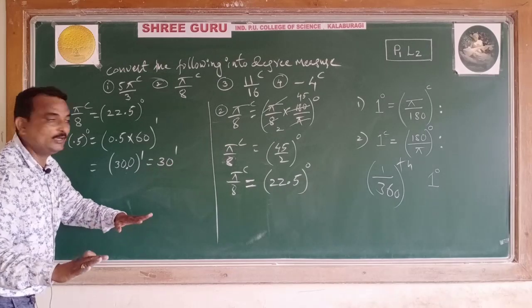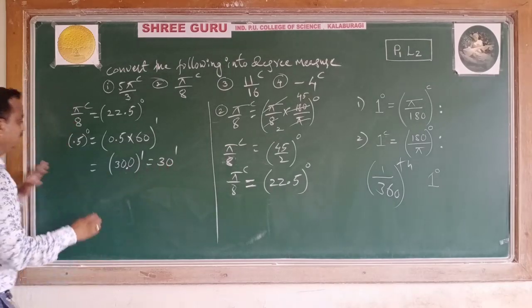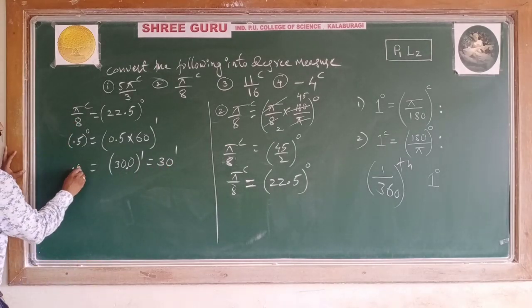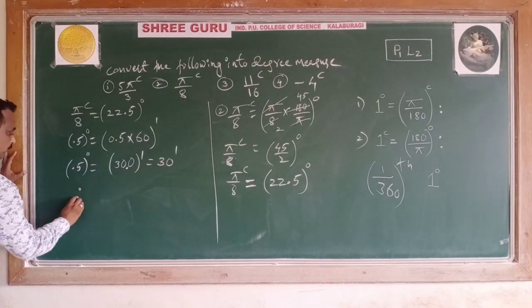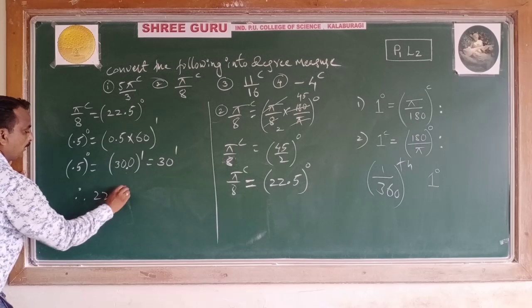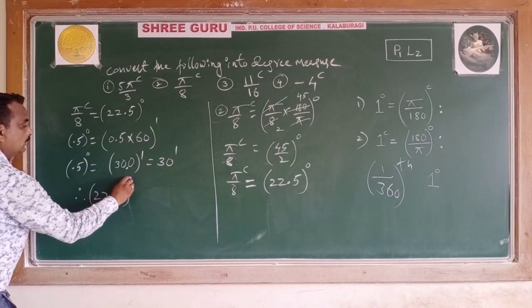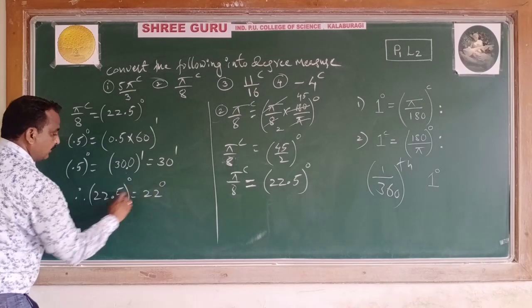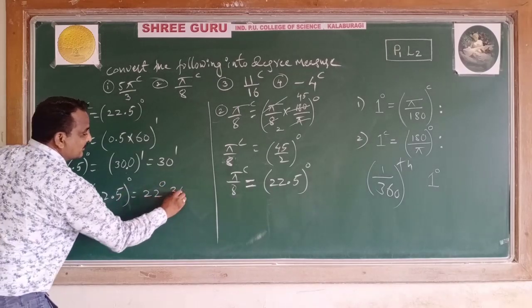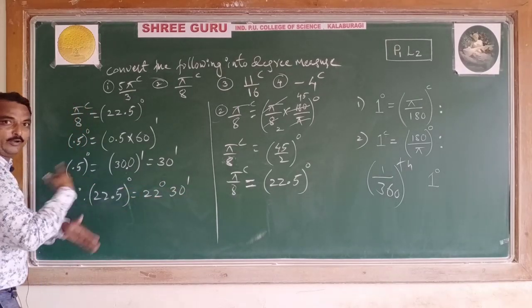Yes, half of a degree is 30 minutes. So 22.5 degree becomes 22 degrees 30 minutes.